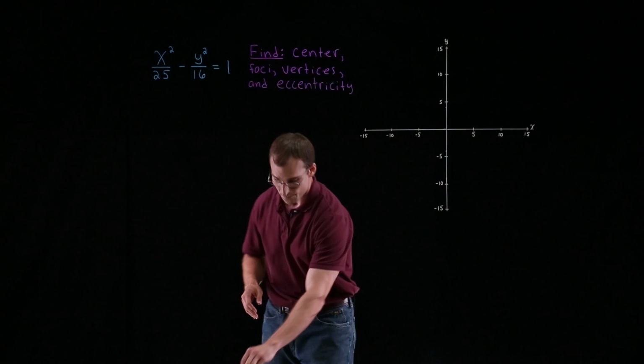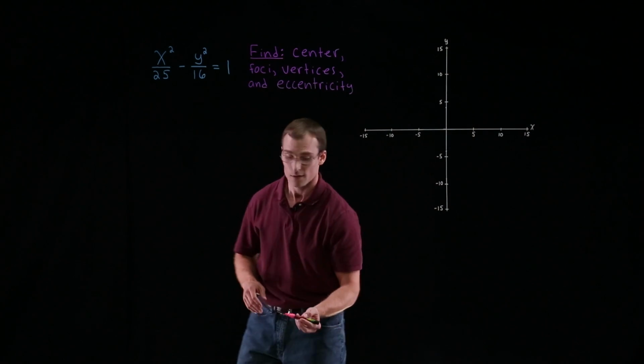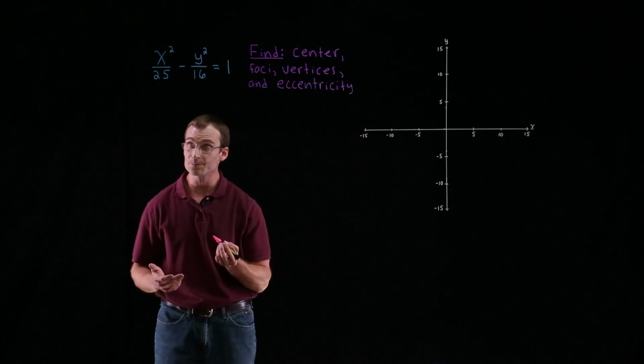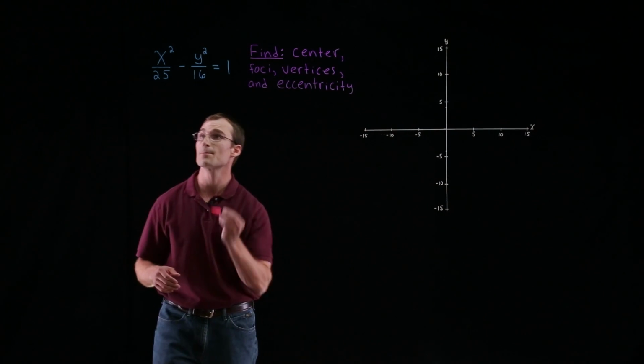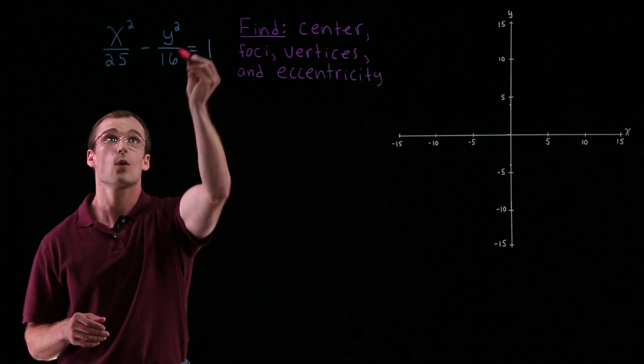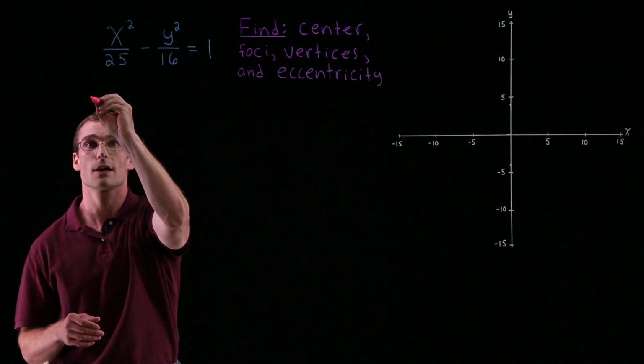So let's get started using the standard form of a hyperbola as our guide. We have an x term minus the y term, so the negative is between x and y.